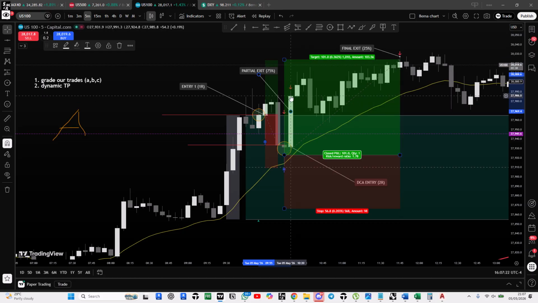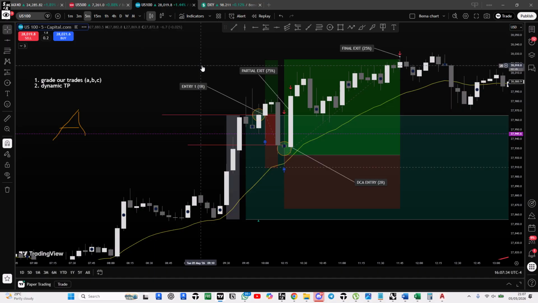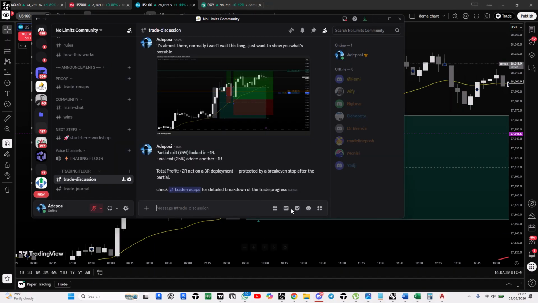So as at here, I was already 75% out of the trade. I'd already made about 1.5R or thereabout, or almost 2R, and then I exited the trade here. So overall, I made about 2.25 of my risk on that trade.